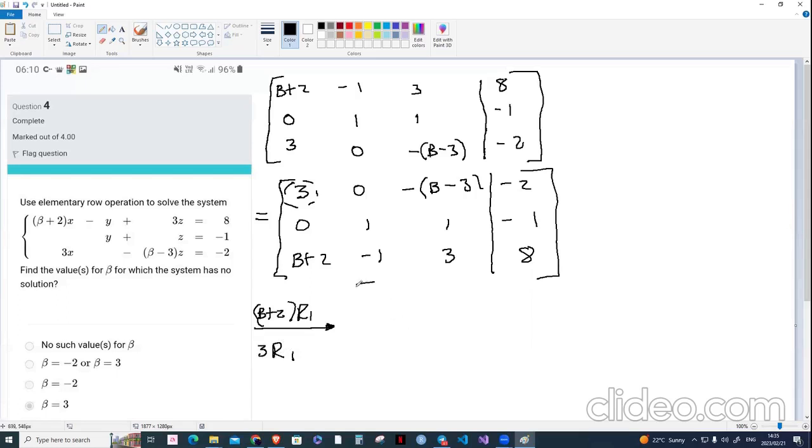This will give a matrix of, this will be 3B plus 2. This will be 0. This will be minus B plus 2, B minus 3, and then minus 2, B plus 2.